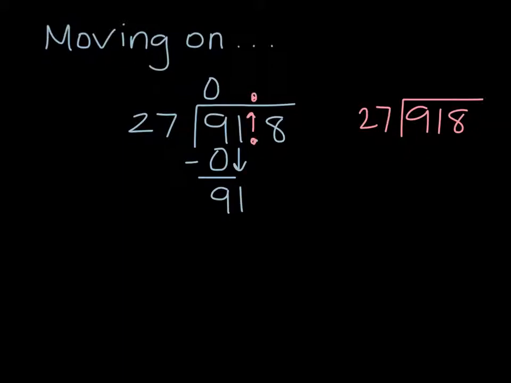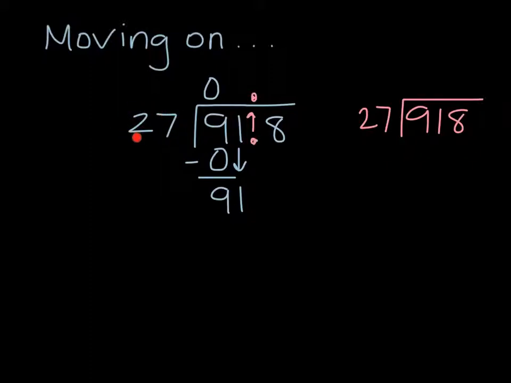So now I'm going to ask myself, can I divide 91 by 27? Yes, I can. If I have 91 cookies and there's 27 people, I'm going to try to decide about how many cookies each person will get. And if I know my math facts, I estimate this to 30.